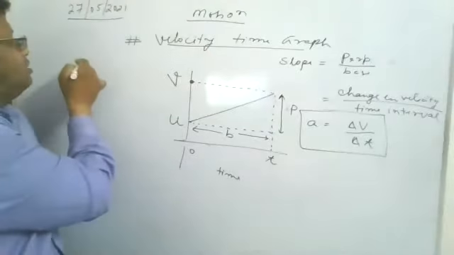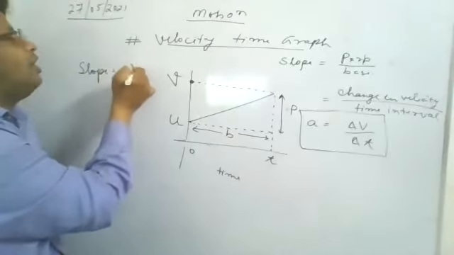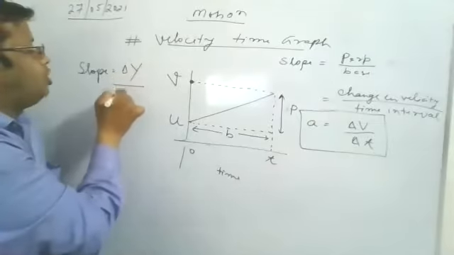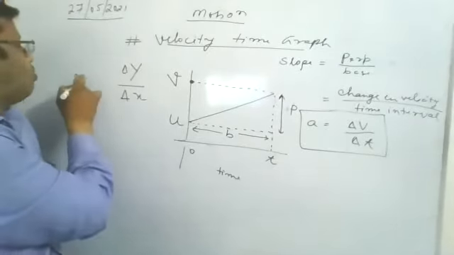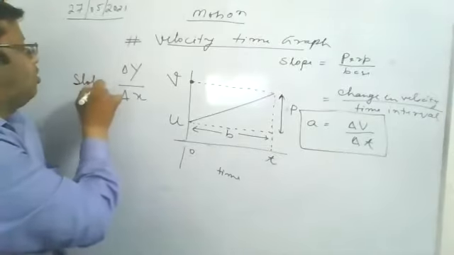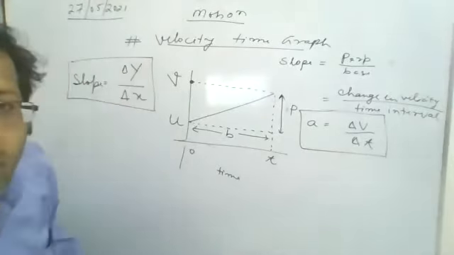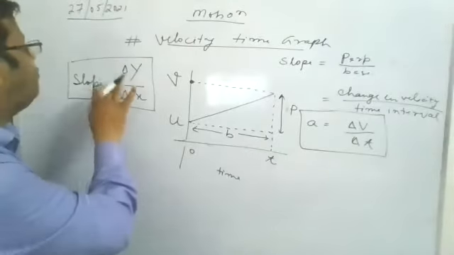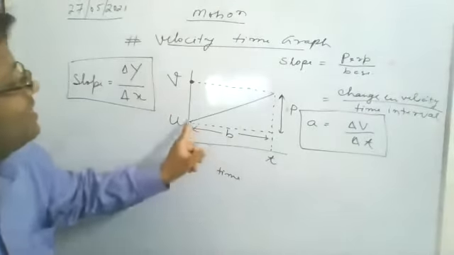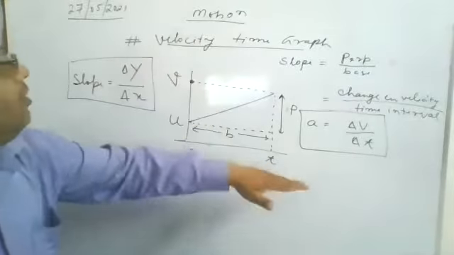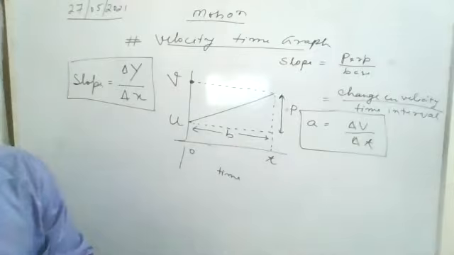You write here: slope is equal to change in physical quantity along y-axis upon change in physical quantity along x-axis. Note down, beta, all of you. Just remember what the slope of the graph is.